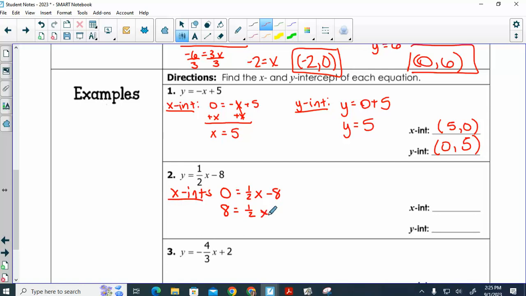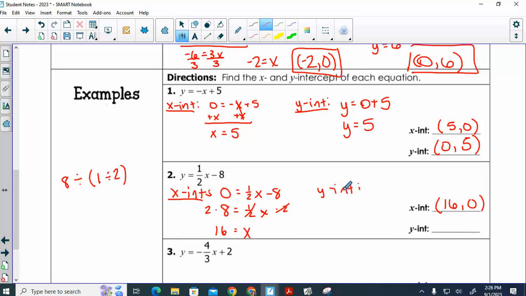At this point, you can either divide by 1/2 or multiply by 2. Get rid of that either way, and you should get 16 equals x. If you were typing that in the calculator, you do 8 divided by parentheses 1 over 2. If you're using my calculator, put that 1/2 in parentheses. The ordered pair, x comma y. So x was 16, y was 0.